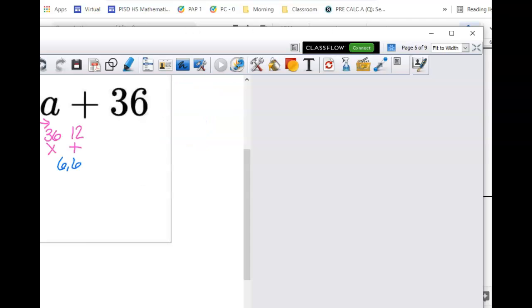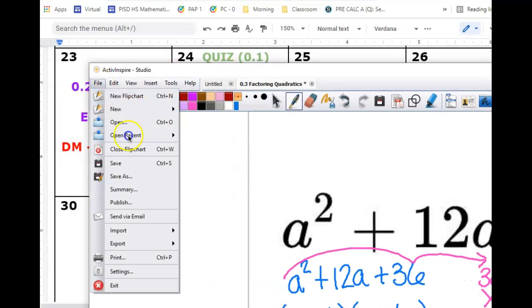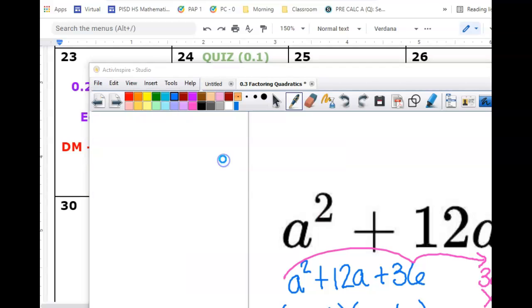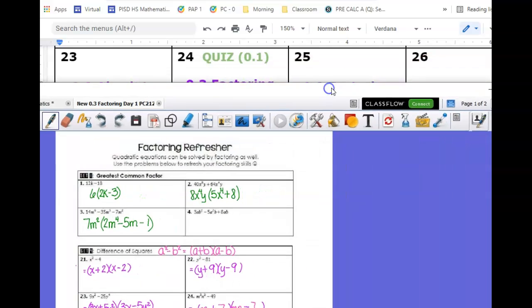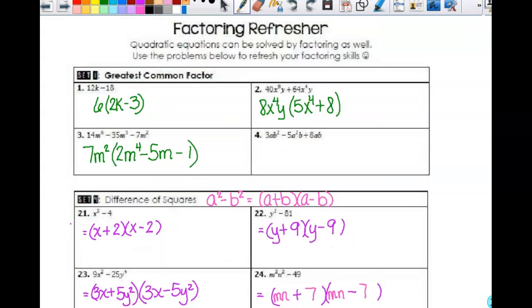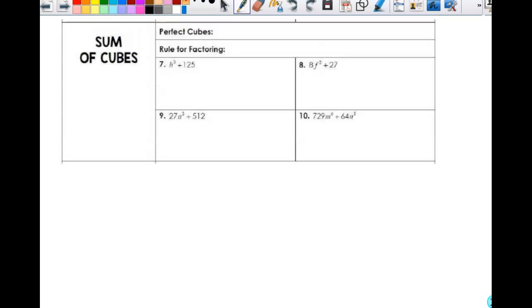I gotta finagle this a little bit because I didn't open it back up. Yesterday, it should say 0.3 factoring day 1, something to that effect. I don't know why the order that they're in there changes sometimes. So I'm trying to be consistent. It should be slide 4, I believe.